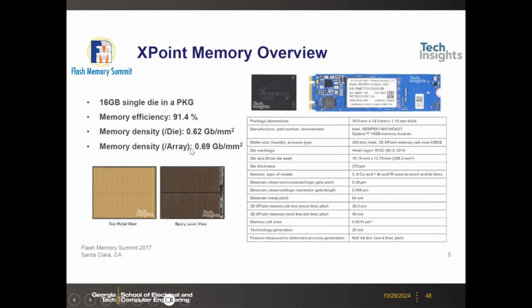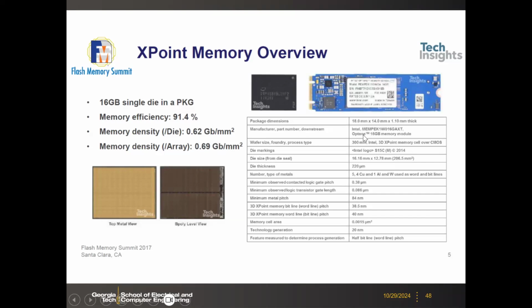It's pretty well designed. And the density, if you normalize, is about 0.6 gigabit per millimeter square. This is a very high number. Even 10 years ago, it was higher than today's best DRAM, which is about 0.4 gigabit per millimeter square. So this is a pretty good memory density.